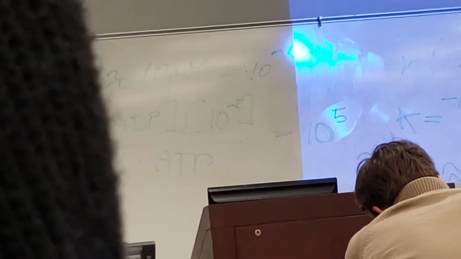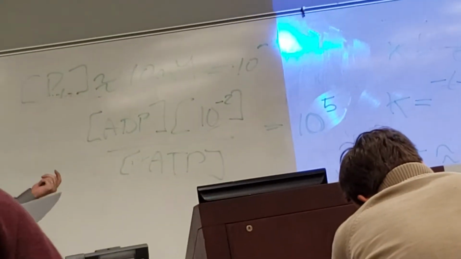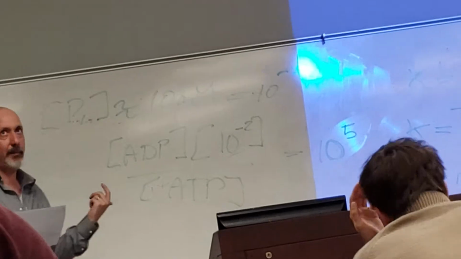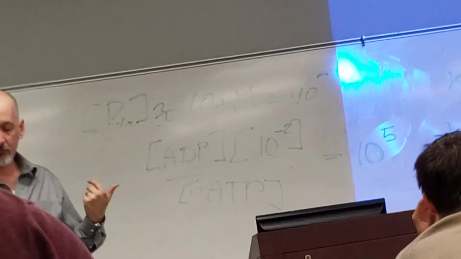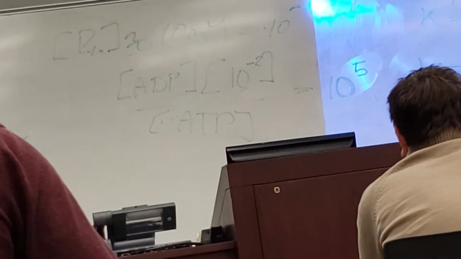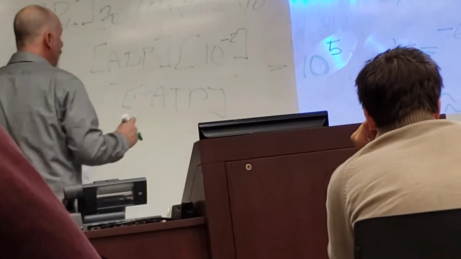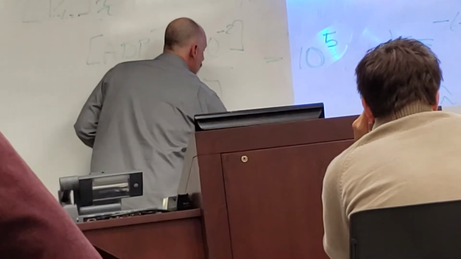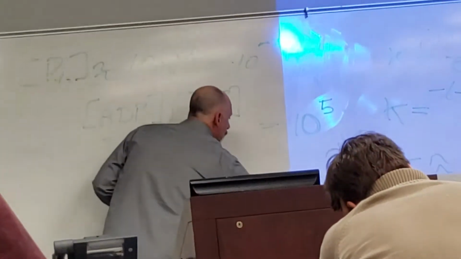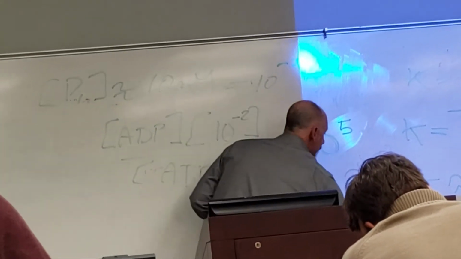So what's my ADP over ATP ratio? ADP over ATP equals 10 to the 7.